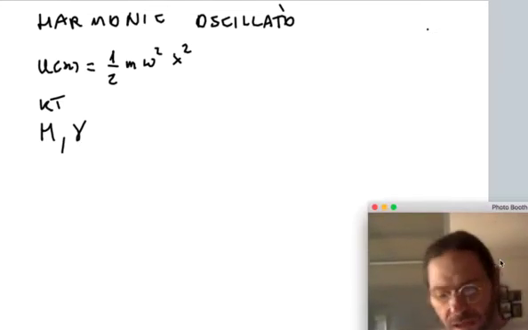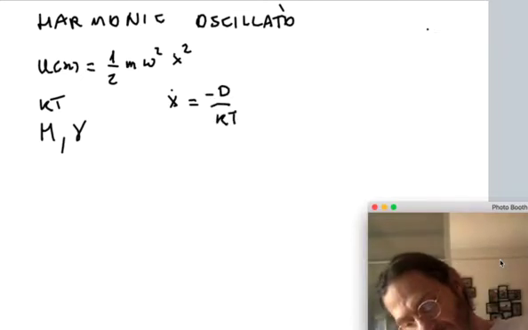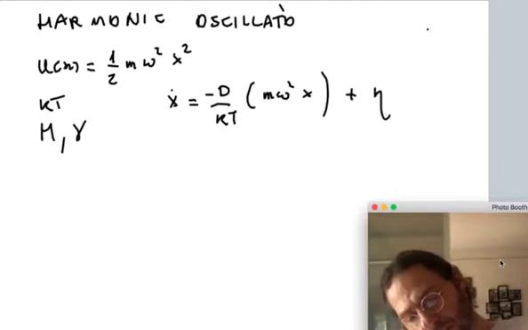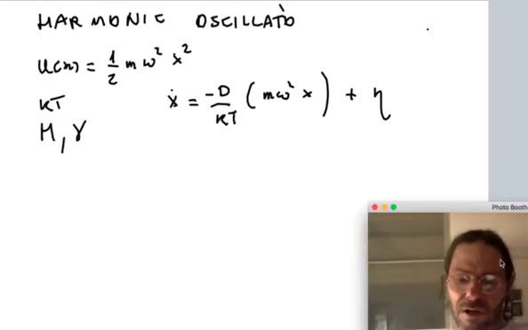So if I look at the Langevin equation for this system in the overdamped limit, it would be the gradient of U, with a negative sign, times 1 over gamma, plus a random force. So there are linear equations of motion for the harmonic oscillator, as usual.